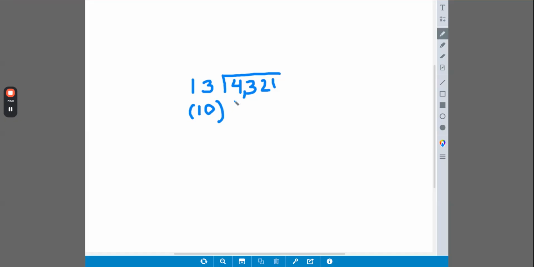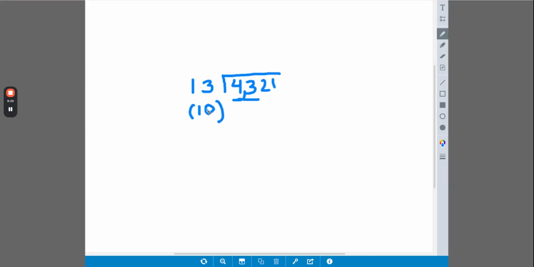We have 4. Can we divide that into 13 equal groups? 4 thousands. No. So now I'm going to go to 43 hundreds. Can I put that into 13 different groups? Yeah, we can. We can think, what times 10 now is close to 43? So that's our next step.